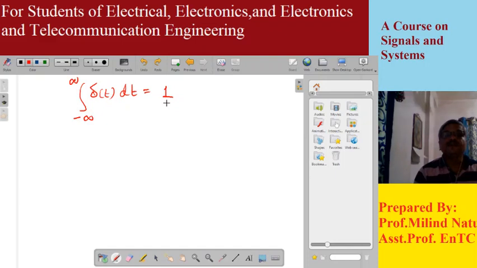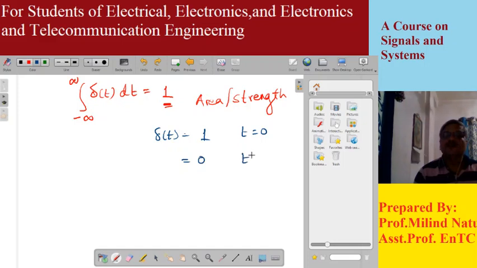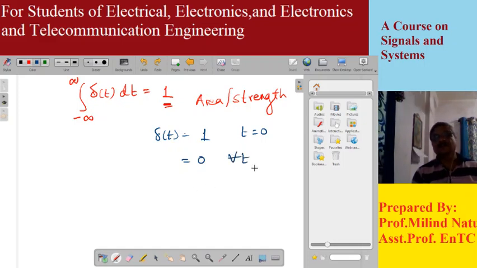So we have to remember that this 1 indicates the area, or the strength, and it is not the amplitude of the signal. Note that delta of t appears only at t equal to 0, and it is 0 for all other values of t.